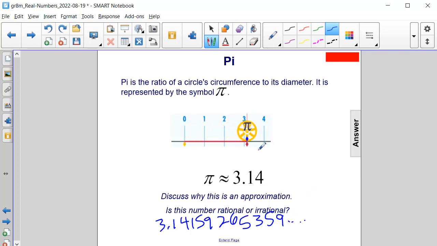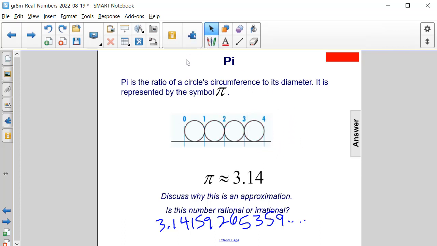And there are supercomputers that have found over 12 trillion digits of pi. And there's actually a website that if you put your birthday in with 2 digits for the month, 2 for the day, and 2 for the year, it will actually find your birthday in the decimal approximation of pi.